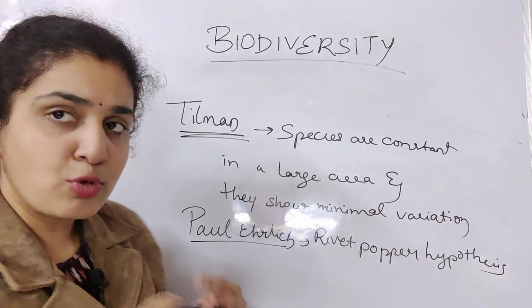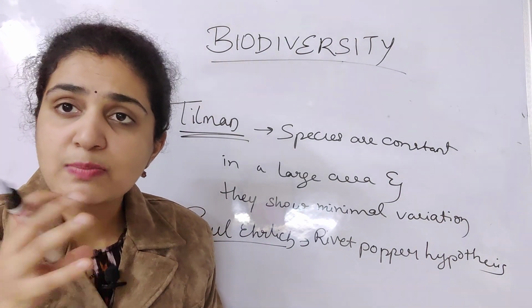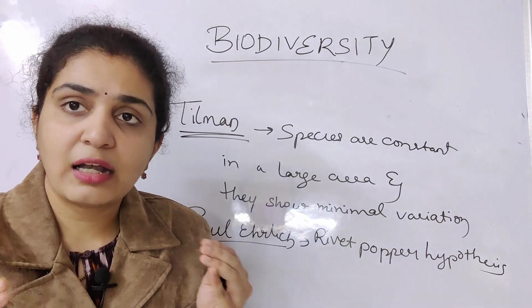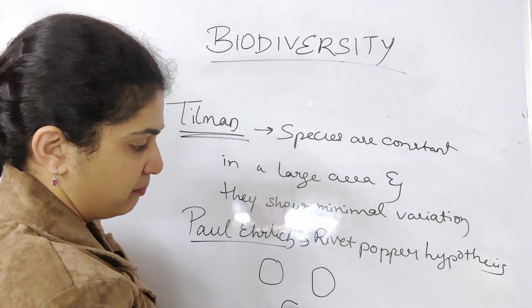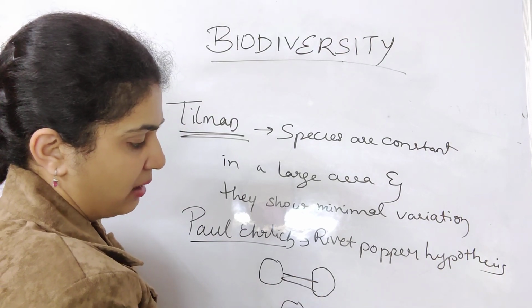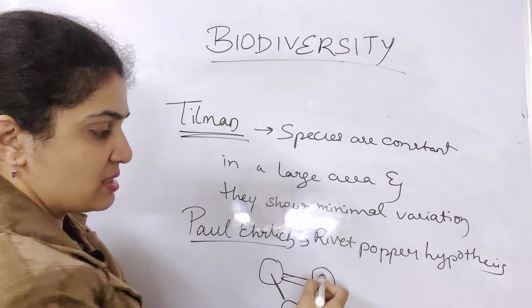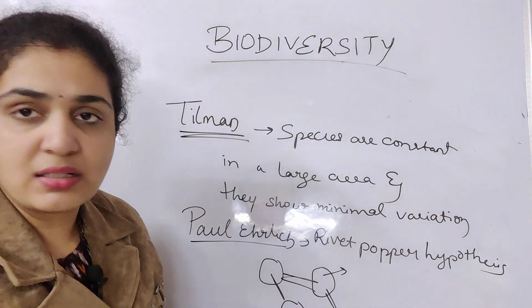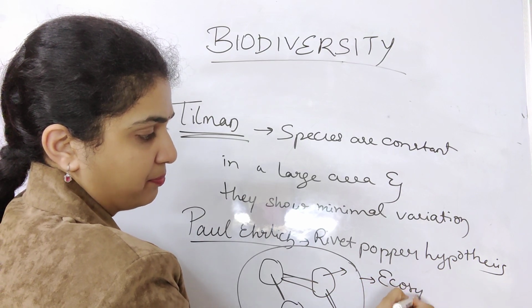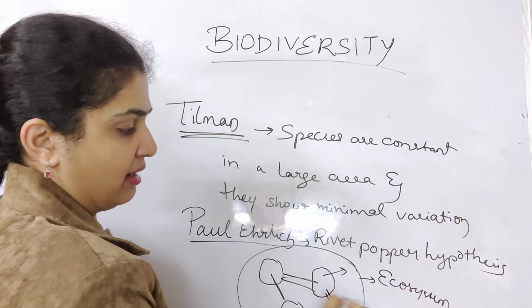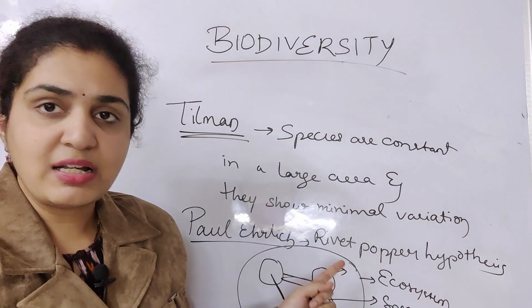He took a flight as an example. In the flight, you see numerous parts connected by rivets. He refers to the numerous parts, the whole flight, as the ecosystem, and the rivets as species.